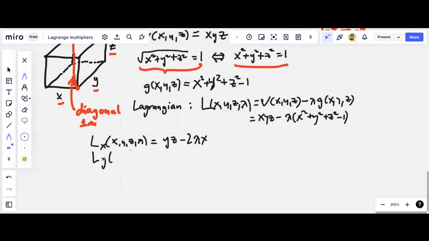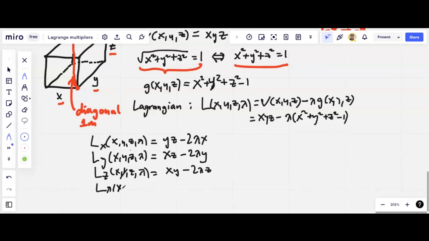We have L sub y of x, y, z, lambda equal to xz minus 2 lambda y. L sub z of x, y, z, lambda, which is equal to xy minus 2 lambda z. And finally, L sub lambda of x, y, z, lambda is equal to negative of the quantity x squared plus y squared plus z squared minus 1.